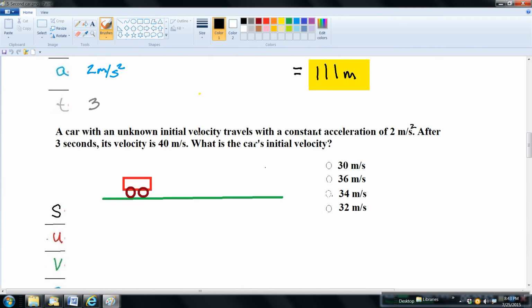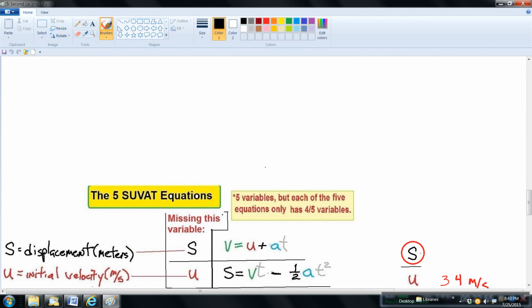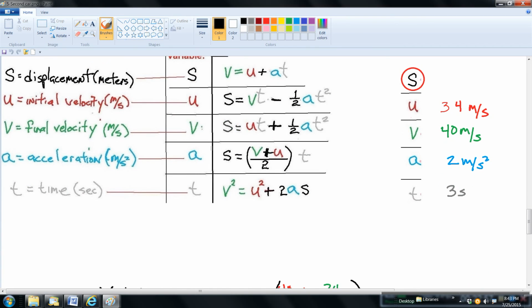Let's just do one more thing. Let's prove that the displacement that we calculated was right. So let's go down here. Now we've got more information than we need, but this is a good opportunity because sometimes you're going to have a kinematic problem where you'll have more than 3 bits of information, and then the problem is to figure out what equation to use when you've got more information than 3 out of 5.